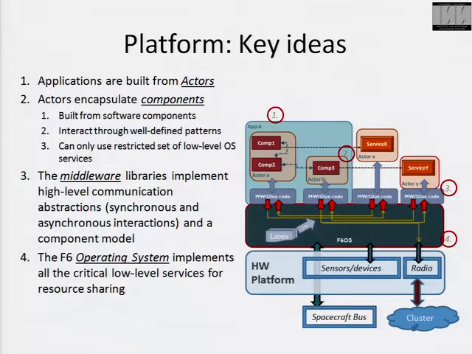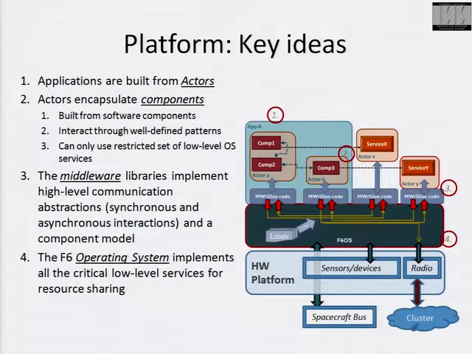So applications are built from something we decided to call actors, and this is not the actor programming paradigm. Well, we just came up with a new word essentially for processes. The reason for that was actors are modeled at a high level, and they're given a persistent identifier, unlike most process models.